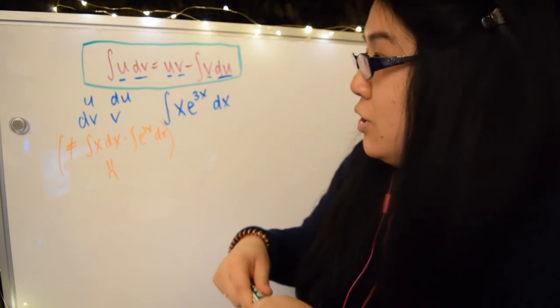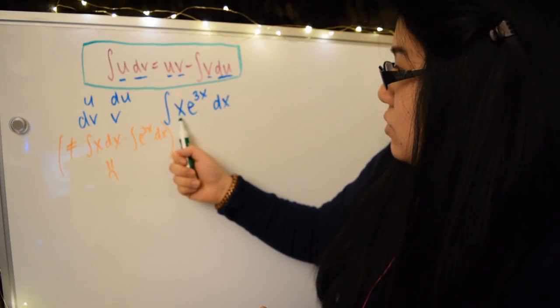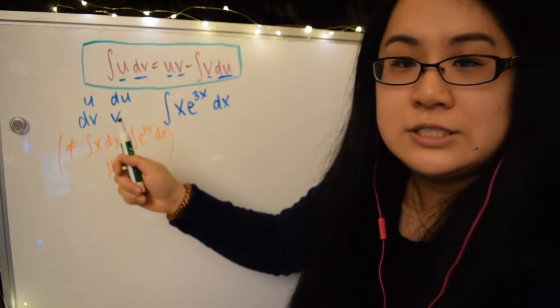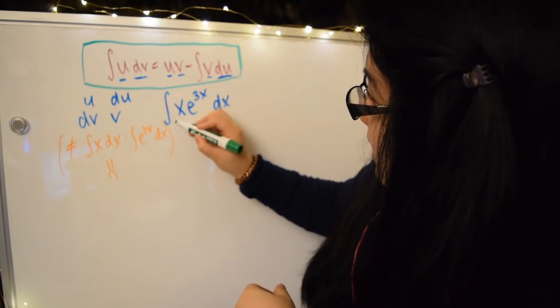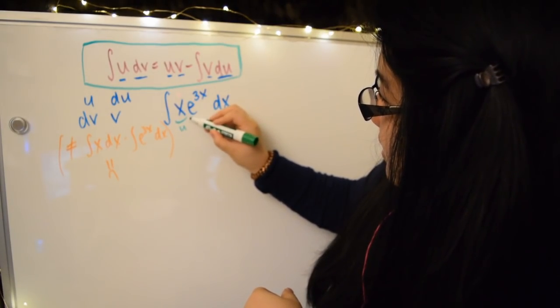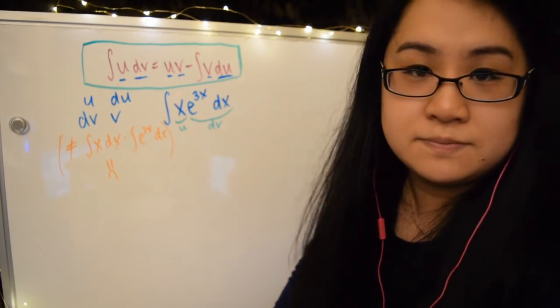I can choose whether this is u or this is u, but I just need u dv, okay? So I could, for example, say x is u and e to the 3x dx is dv.